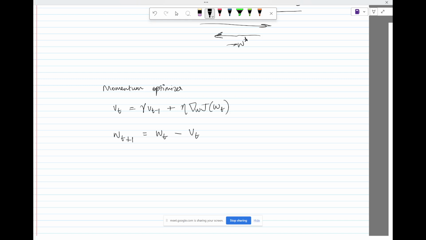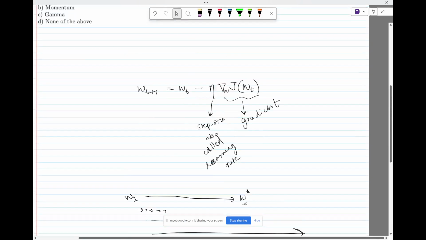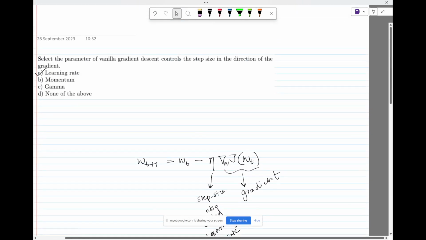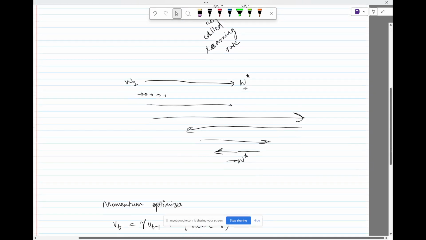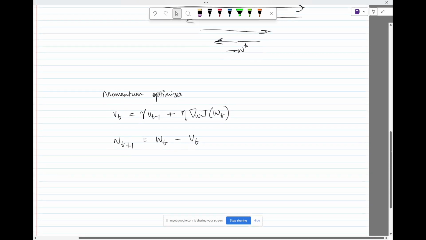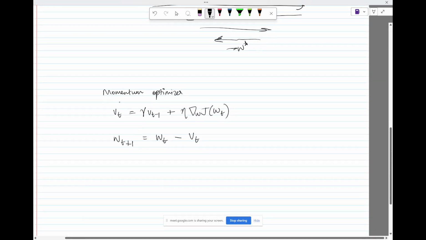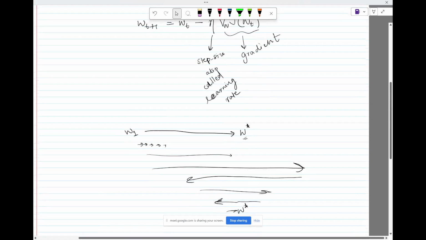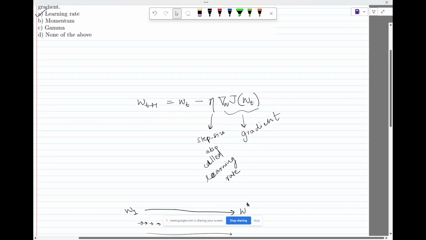I think this is the gamma that is referred to here. So first of all, this is not the vanilla gradient descent. Vanilla gradient descent is this.